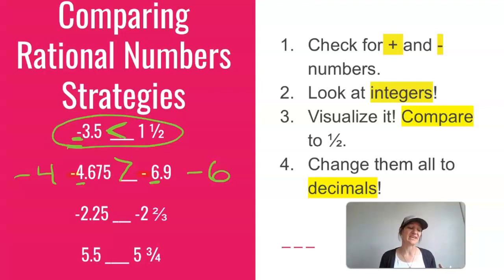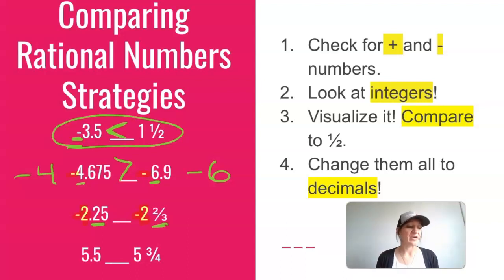Okay, so there's the second tip. Tip number 3 is to compare it to half. If they are both positives or both negatives, and they are both the same integer, then you're going to have to head into the fraction or decimal part of it. And if one fraction is less than half and one is greater than half, then you can compare that way.